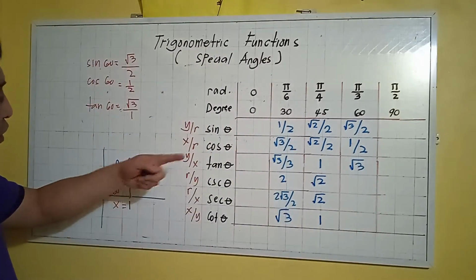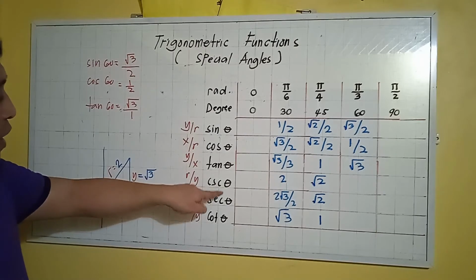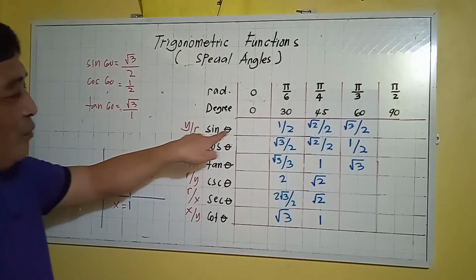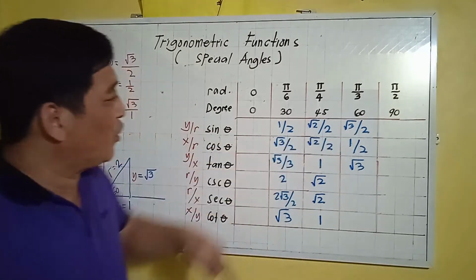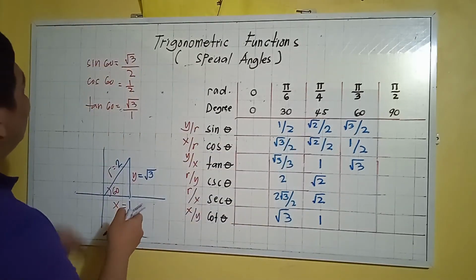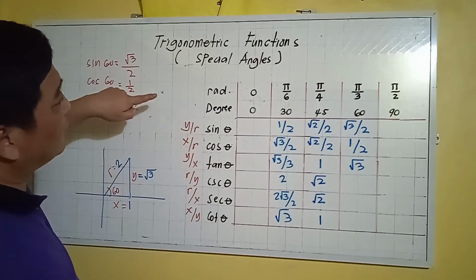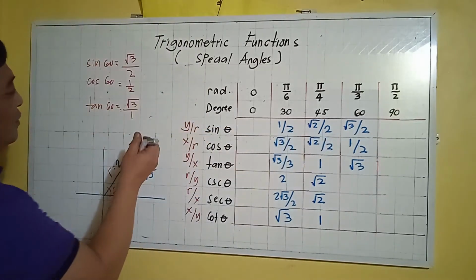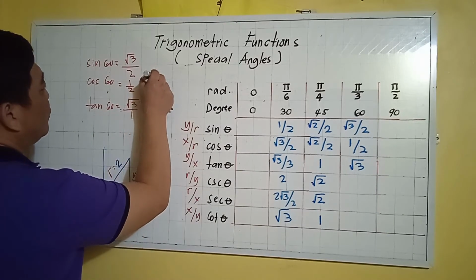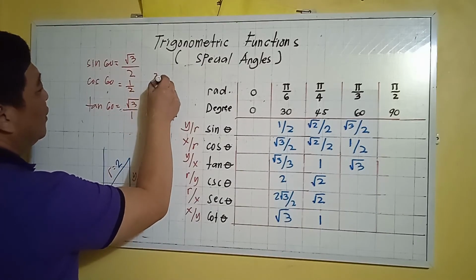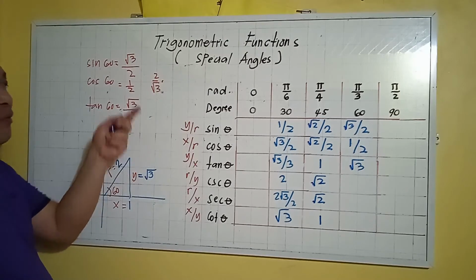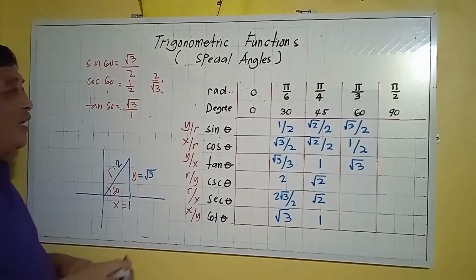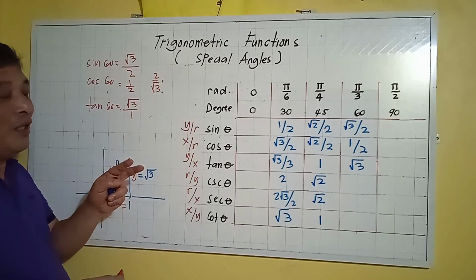And then the reciprocal of this, cosecant theta, is sine theta. We have 2 over square root of 3. When we rationalize that, we need to remove the square root in the denominator so that it becomes a whole number.